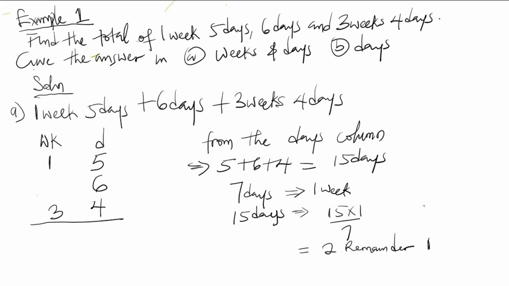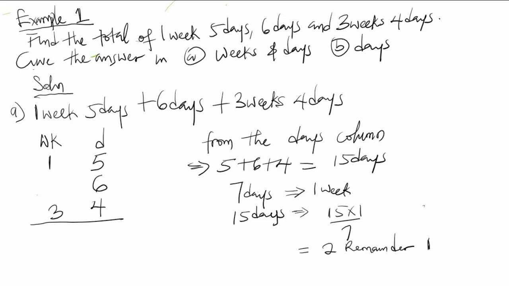So the unknown should always be at the right, while the known should be at the left. And make sure figures with the same units are in the same column. From this example, days and days should be in the same column. And you are looking for week. Week should be by the right, since it is the unknown that we are looking for. Then days, that is the known, should be by the left.